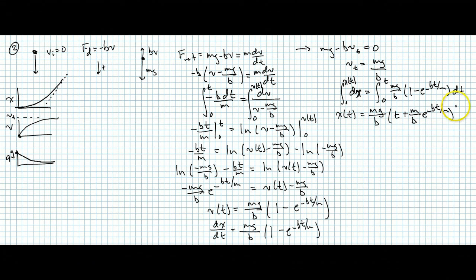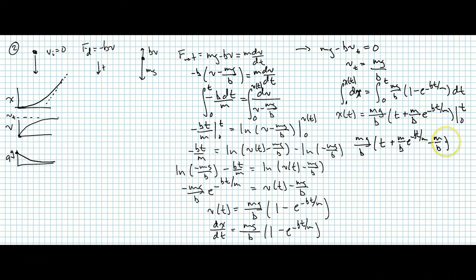And I do need to evaluate that from 0 to t. This term doesn't really do anything, but this term will matter. So mg over b times t minus 0 plus m over b e to the minus bt over m minus m over b times e to the 0, which is 1. So that's just minus m over b.